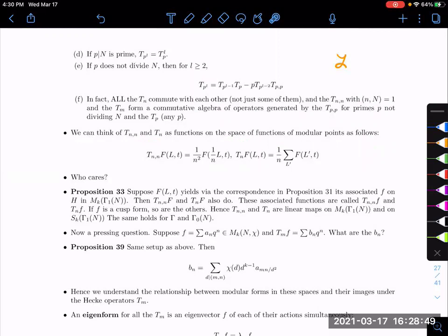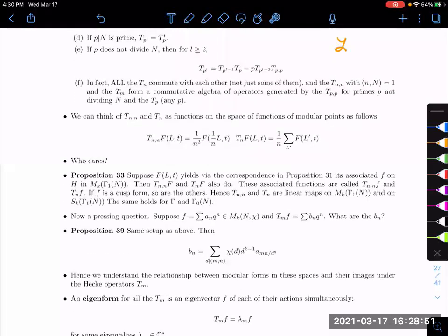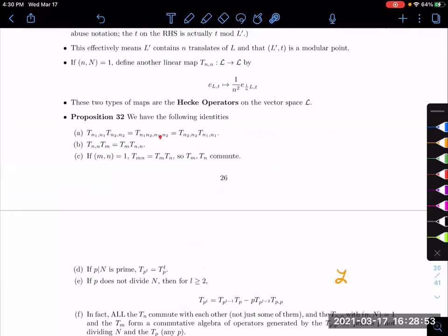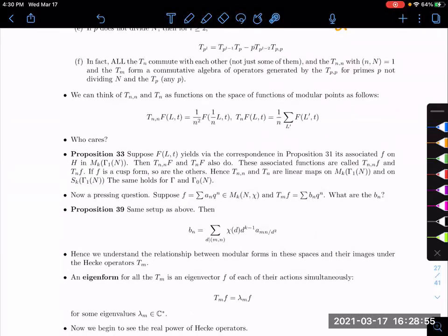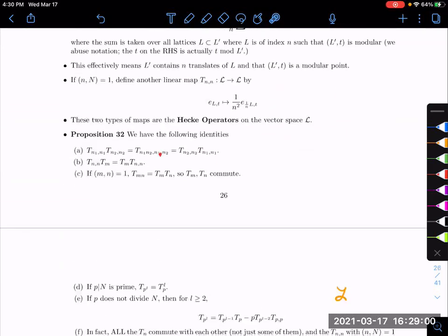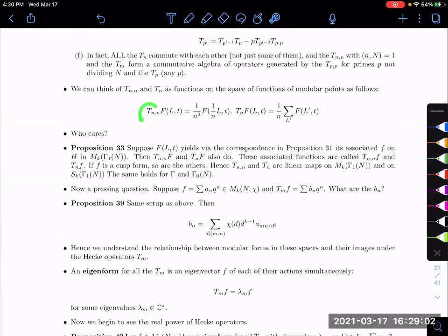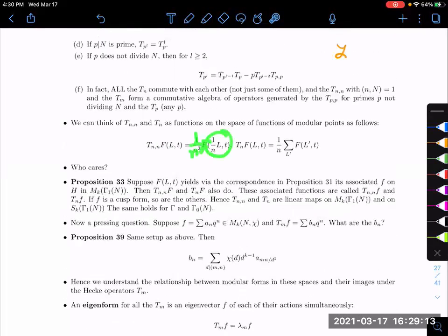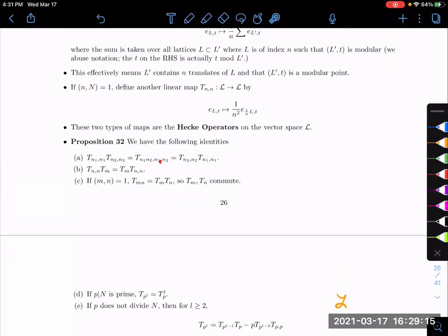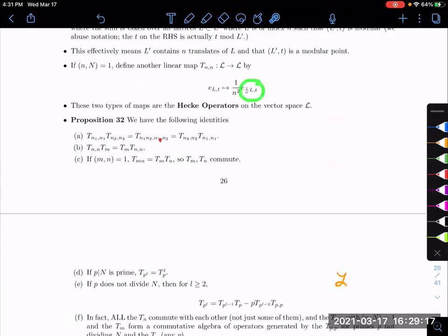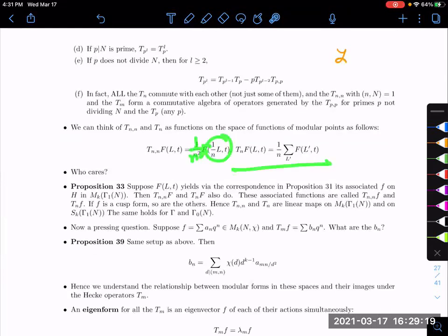So for example, instead of thinking of T sub n comma n as a function on modular points, I can think of it as a function on functions on those modular points. Where do I send one of those functions? I just send it to 1 over n squared times f evaluated at the image modular point under the original map up here.